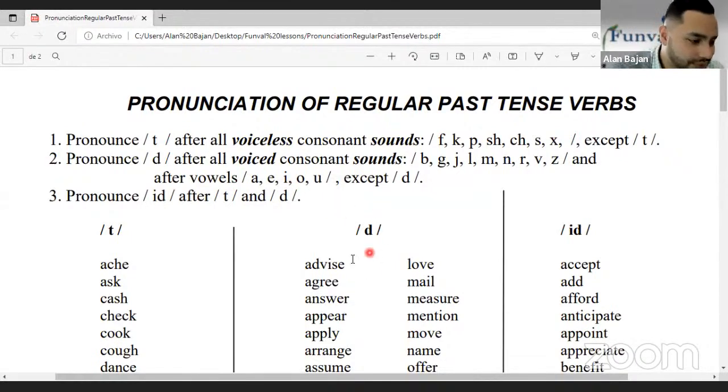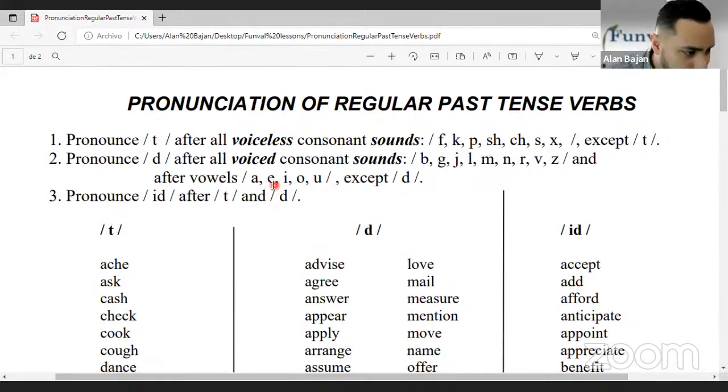Let's see some examples. Advise. It's not advice. Advise. El sonido de la Z, right? Agree. What is the last sound? Is that a vowel sound?